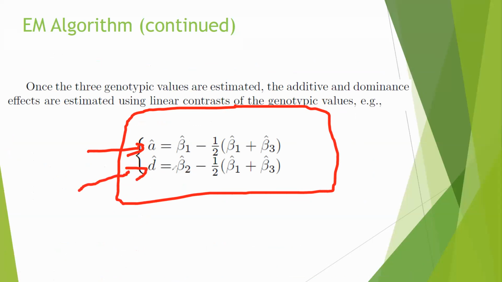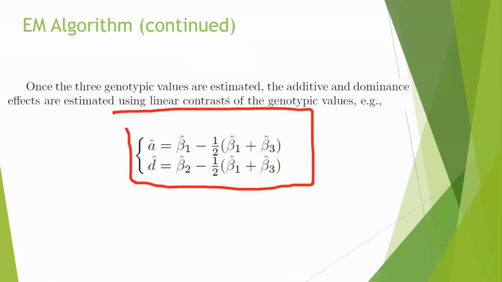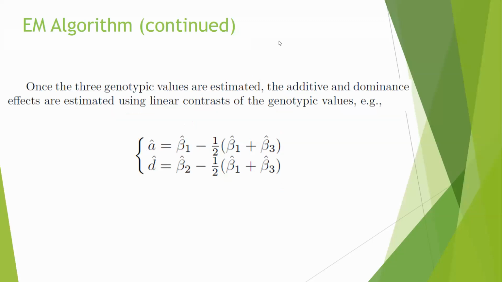Any questions here? I just show you in the code, right? So this is how we use these estimated mu1, mu2, and mu3 to calculate the additive effects or dominance effects at this locus. All right, let me stop sharing here and show you this.